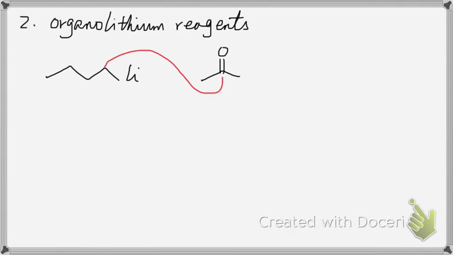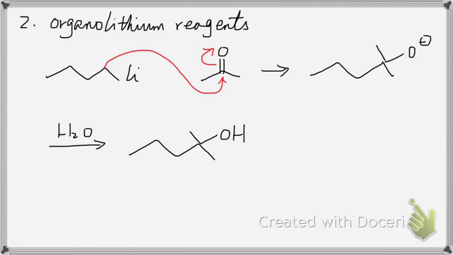The second reaction is with organolithium reagent. This is essentially the same type of reaction as the Grignard reaction. Organolithium reagent has a carbanion that can be the nucleophile to attack the carbonyl carbon. So it gives alkoxide first, and then after protonation, alcohol will be the final product.